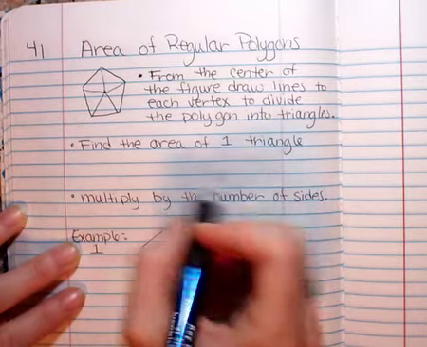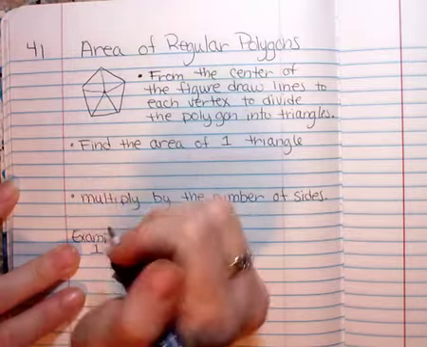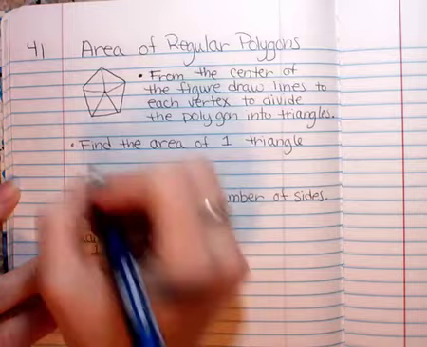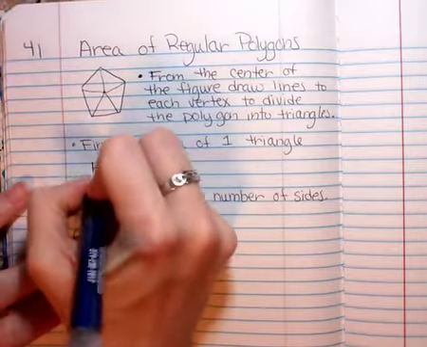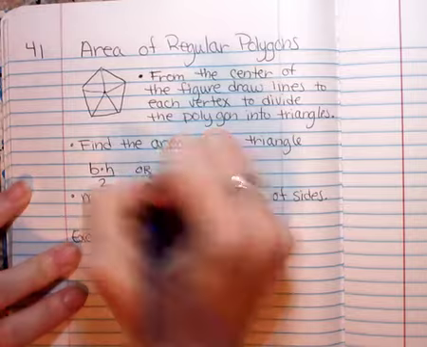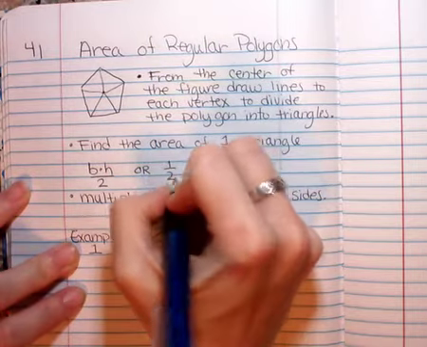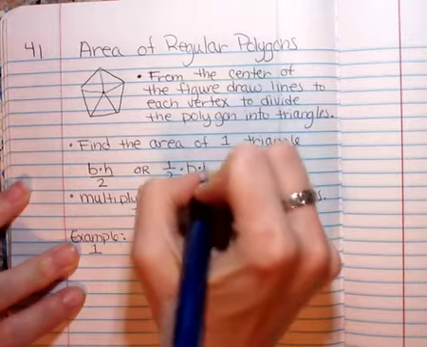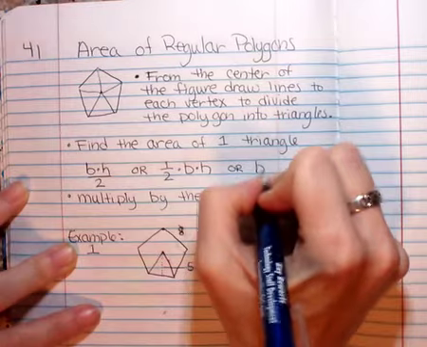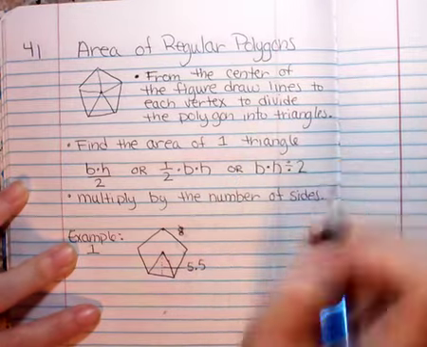Next, we're going to find the area of one of those triangles, and you get to choose which way you want to write the formula for area. So you could write it as base times height divided by 2, or if you prefer, you could write it as 1/2 times base times height, or if you prefer, you could write it as base times height divided by 2, like that.